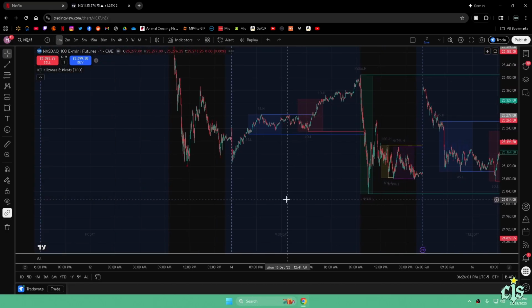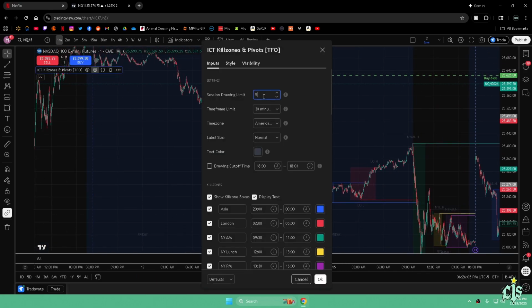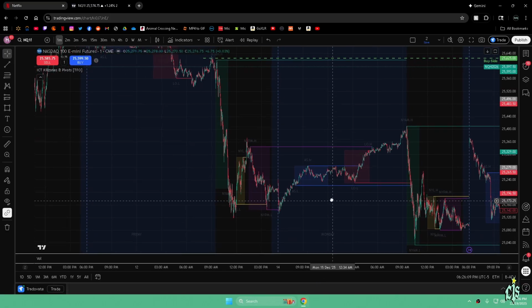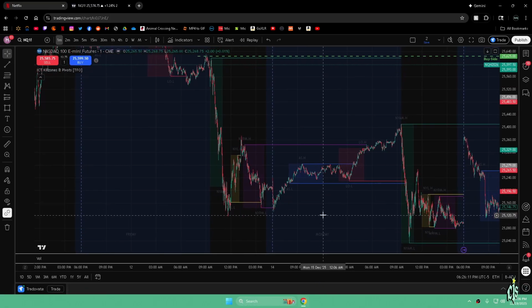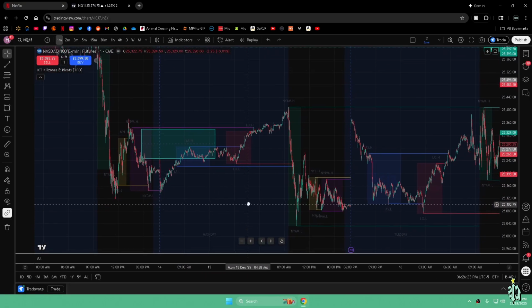Now, say for example here, we have Asia accumulating and London accumulating in an imbalance of a range. So market, what does it do?